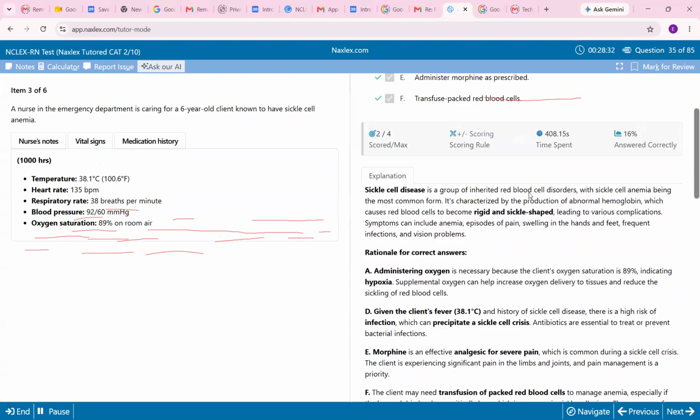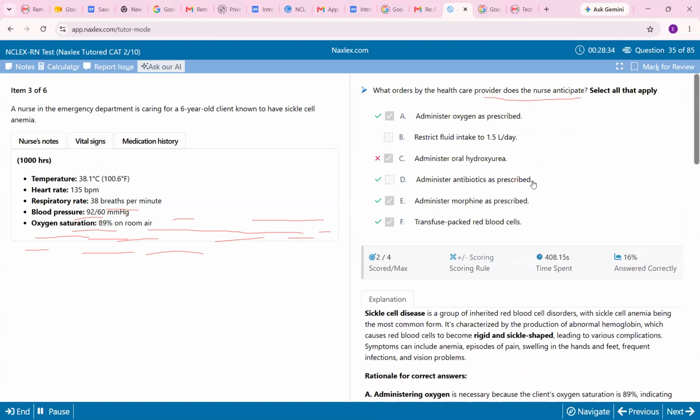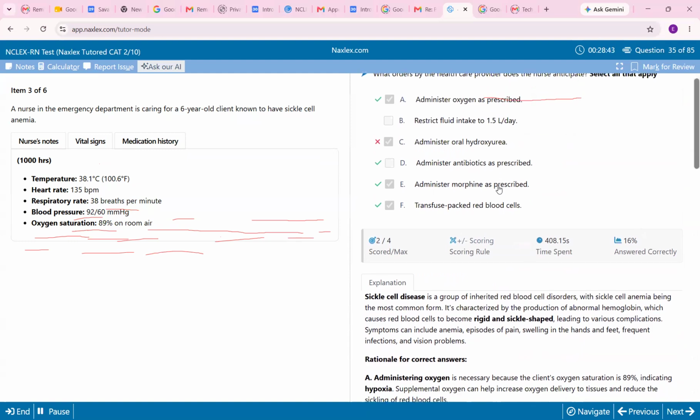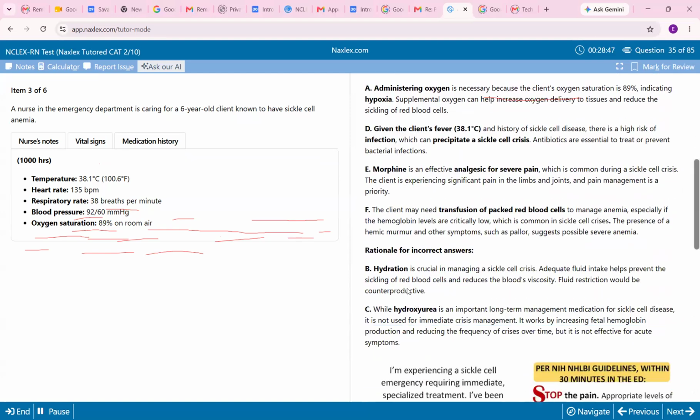Okay, got it? That is why I'm saying, whenever we are practicing questions, we can read the rationale of the right answers as well as the wrong answers. And we can also check the answer for fluid restriction. Here we need to promote adequate hydration, not fluid restriction. Why?